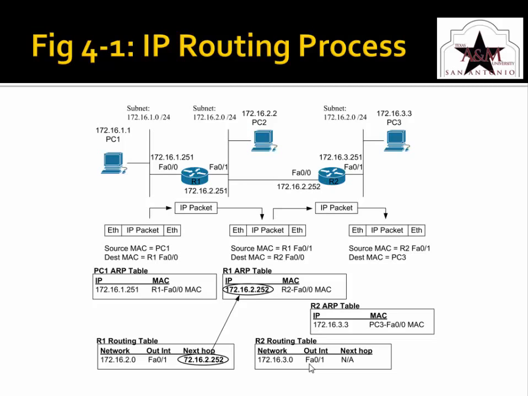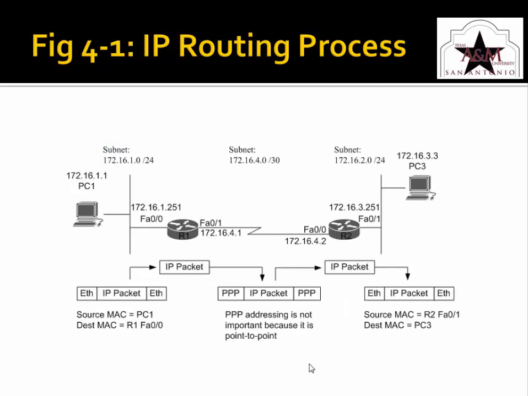It determines that PC2 is directly connected, and it determines by looking at its ARP table if it has a MAC address for PC2, and if it does, then it takes that MAC address and builds an Ethernet frame that encapsulates the IP packet and forwards it directly to PC2. If we were sending it to PC3, then instead it would go to router 2, and router 2 would determine that PC3 is directly connected to router 2 and go through the same process.